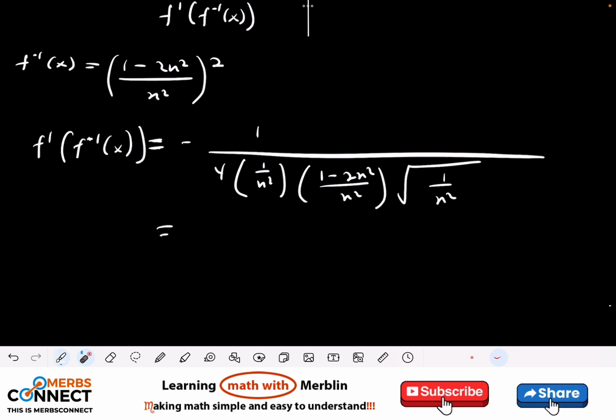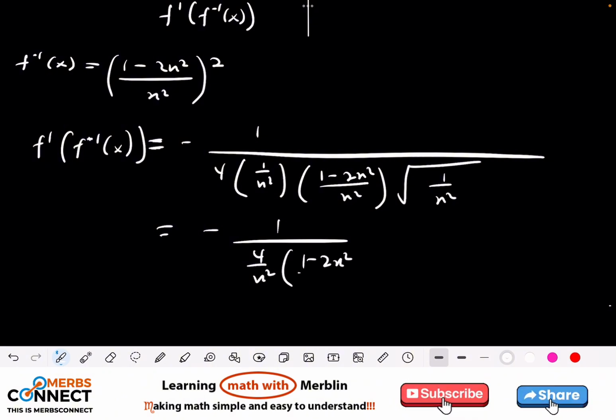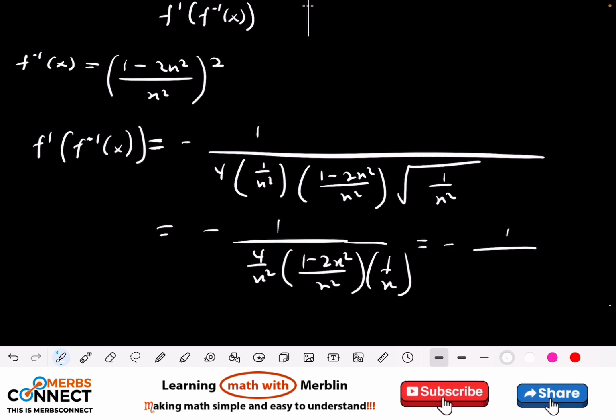Can we simplify anything again further? No. So we are going to have -1 divided by, when I multiply this, I'll have 4 over x squared times 1 minus 2x squared divided by x squared times 1 over x. So this is -1 divided by, when I multiply this, I'm going to have 4 times 1 minus x squared 2x squared divided by, when I multiply this and that, x to the power 5, right?